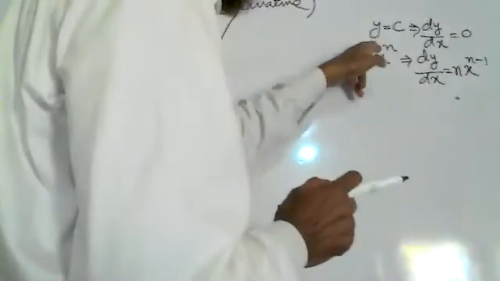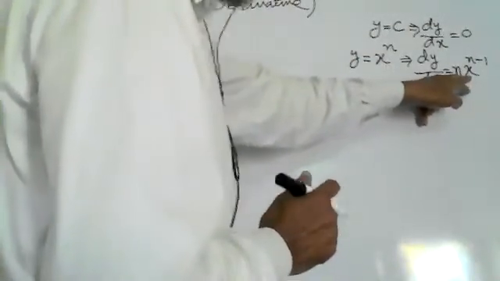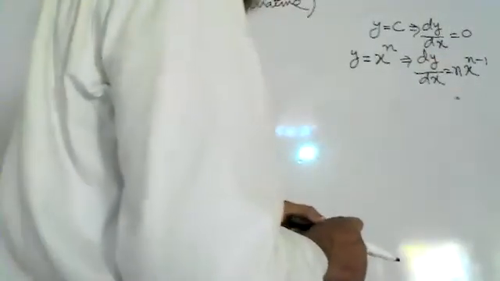The given power will come over there, it will multiply with the x, and the power will be one less than the given power.